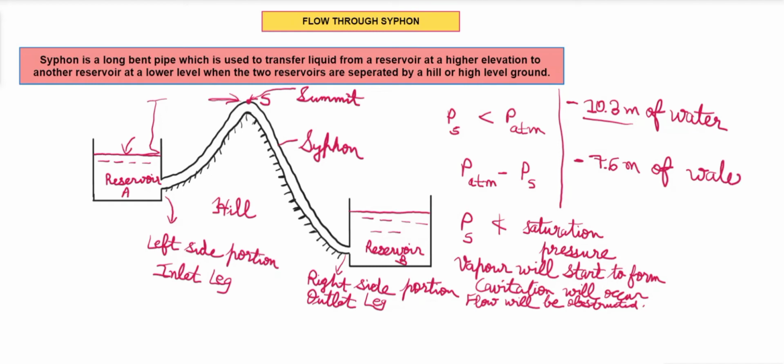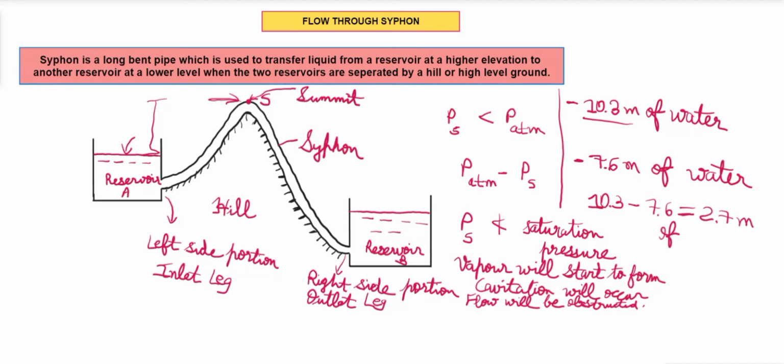And if we write it in terms of water absolute, then it will be 10.3 minus 7.6, which is 2.7 meter of water absolute.